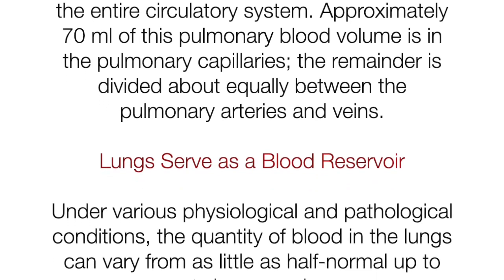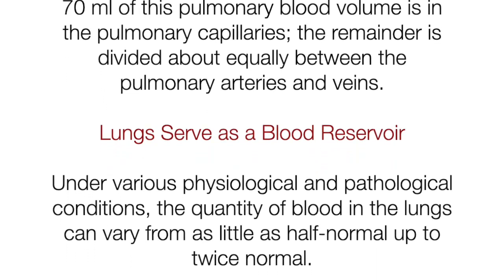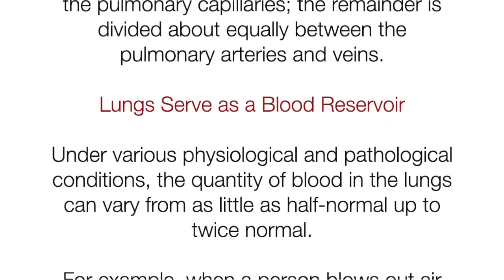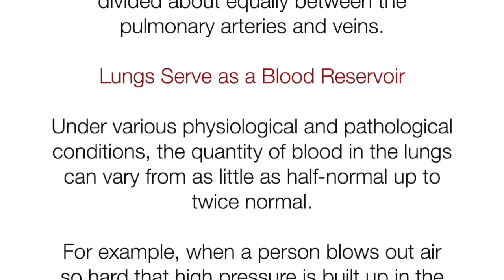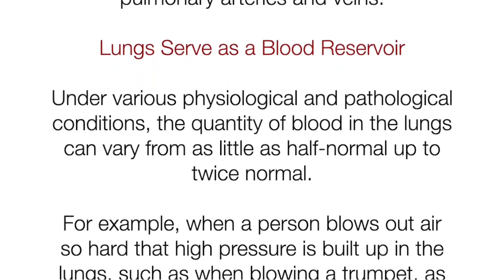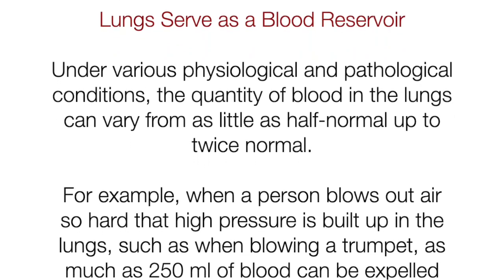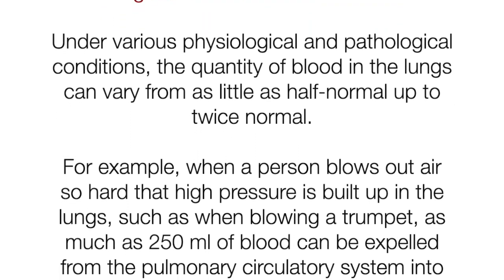Lungs serve as a blood reservoir. Under various physiological and pathological conditions, the quantity of blood in the lungs can vary from as little as half normal up to twice normal.